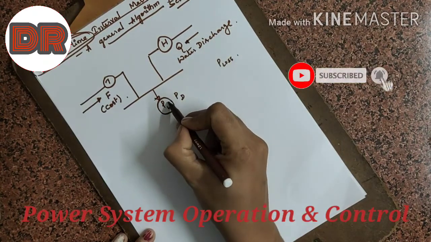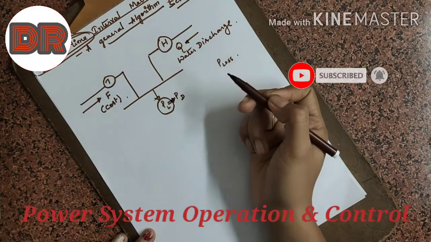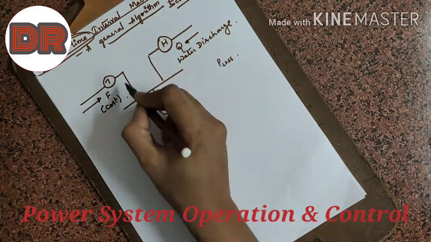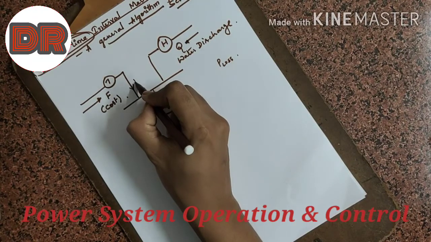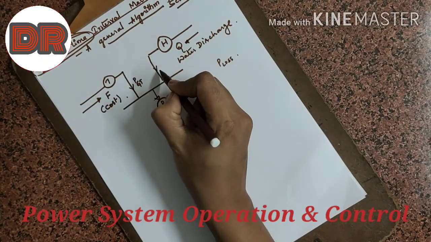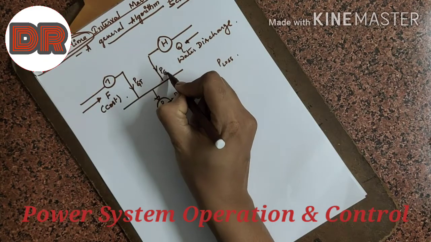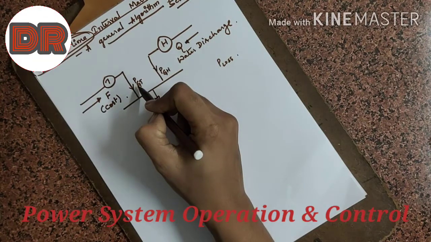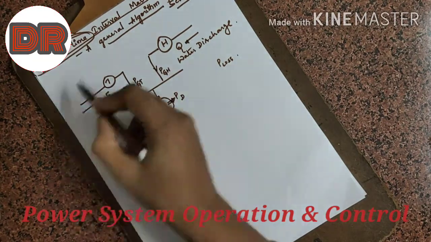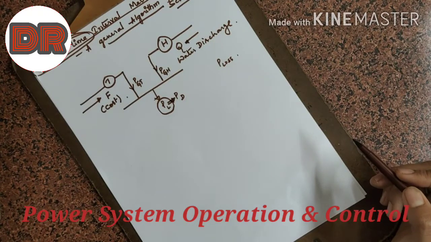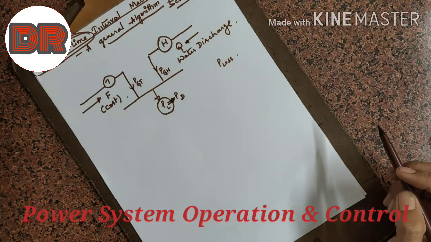PL is nothing but PD, that is power demand. And we have power coming in here, this is PGT, and the power coming from here is PGH, which is nothing but generated hydropower and generated thermal power. So this is the system which we have to consider to see algorithm 4.